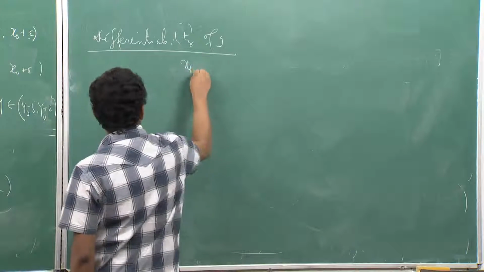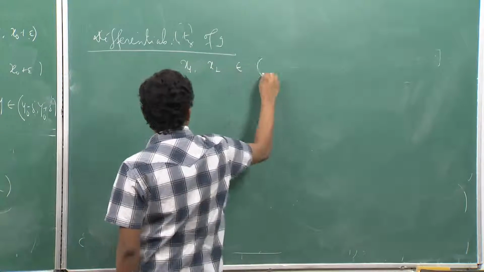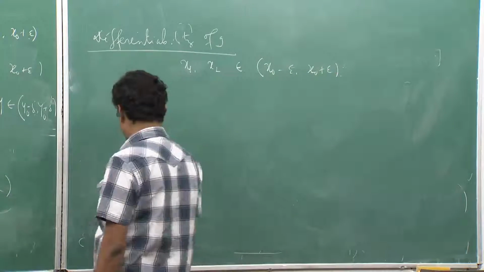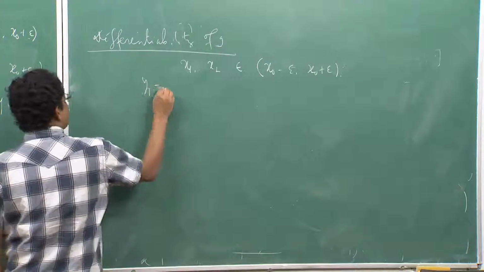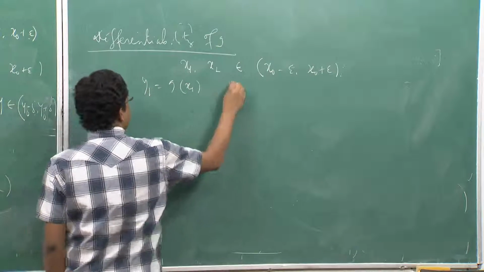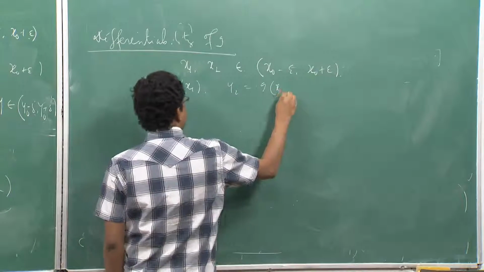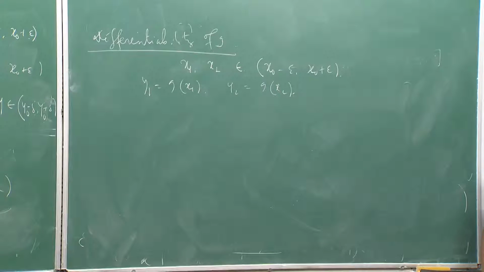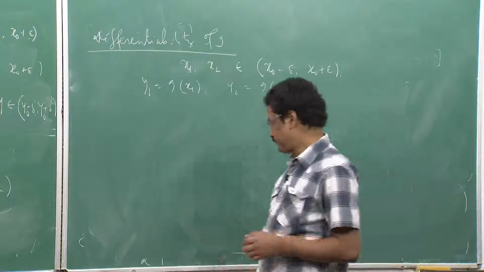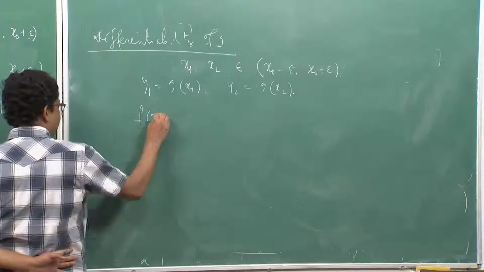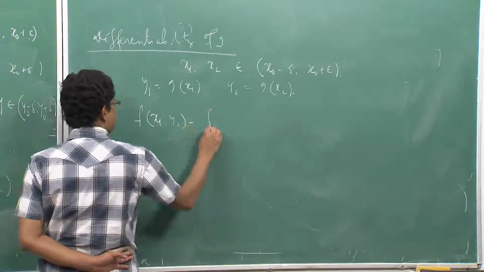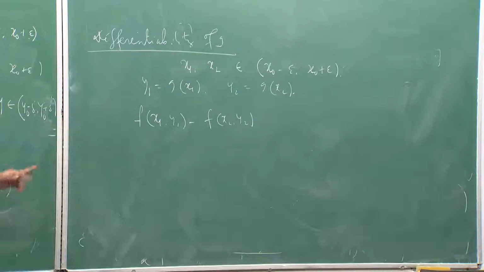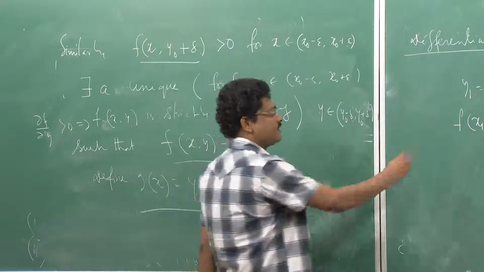Well, let us take x1 and x2 in this interval, and let us put y1 equal to g(x1), y2 equal to g(x2). Now, look at this fellow f(x1, y1) minus f(x2, y2). Both of them are on the level surface, so this is 0, this is 0.